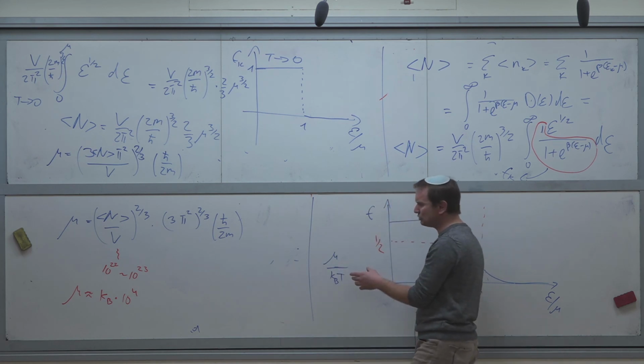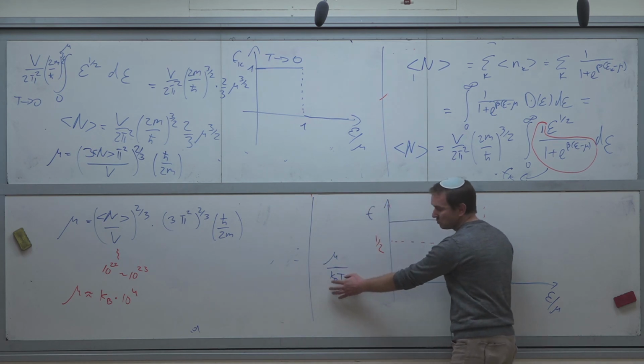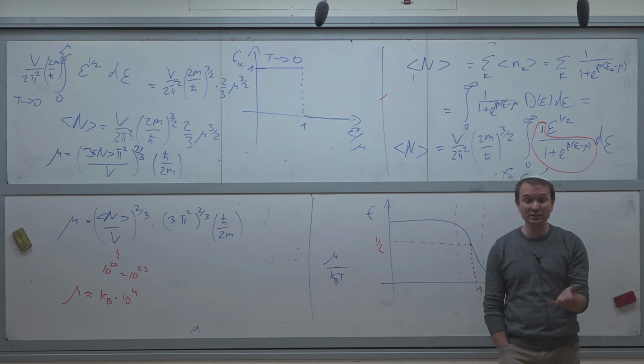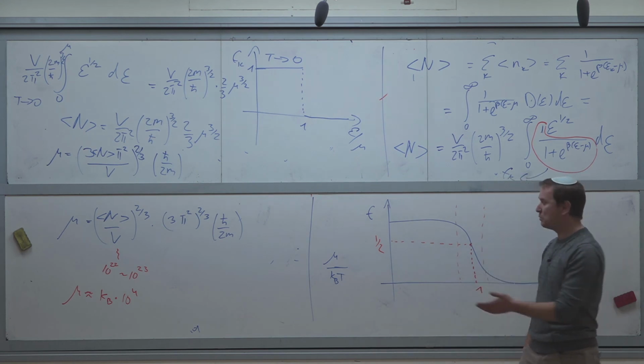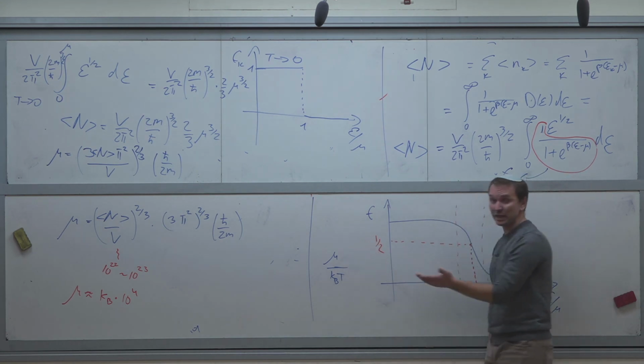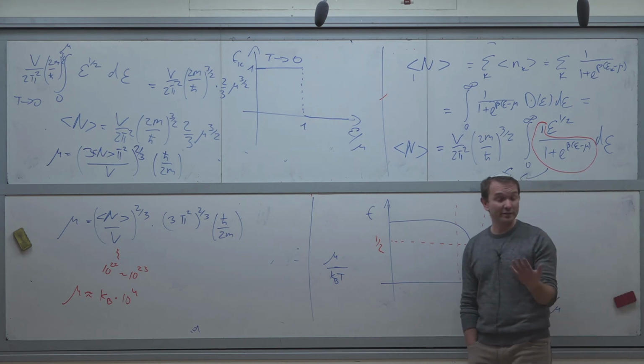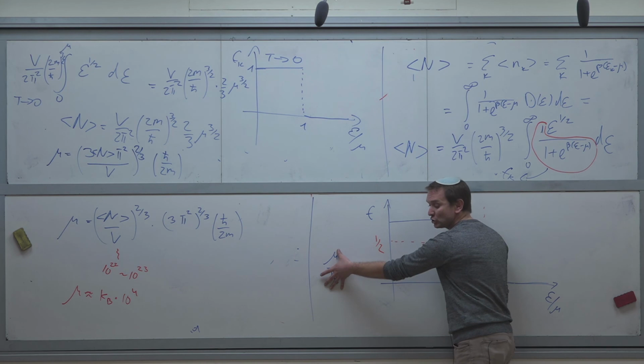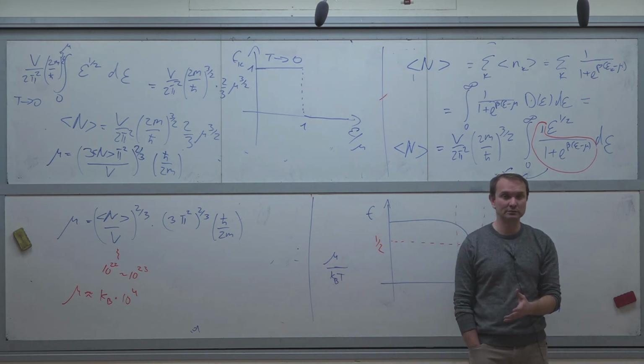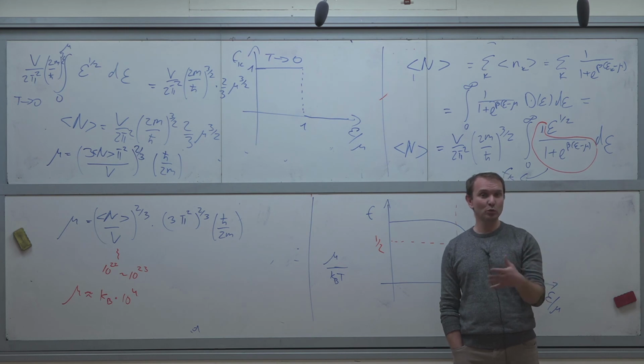At room temperature, k_B T is around 200 k_B. Mu is 10 to the 4th k_B, or maybe even 10 to the 5 k_B. Basically, this fraction at room temperature is of order 100, from 100 to 1000.